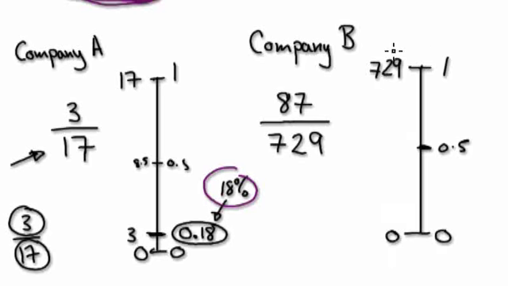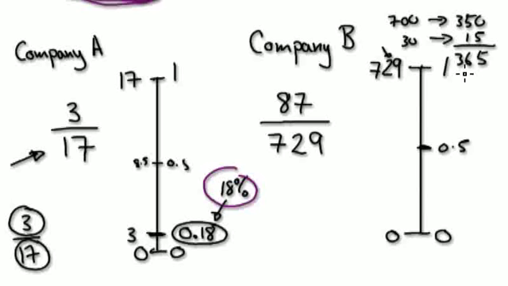What is half of this? Let's say 700. Half of 700 would be 350, and then let's push this up to 730. So half of 30 would be 15. So just roughly, halfway mark is roughly 365.